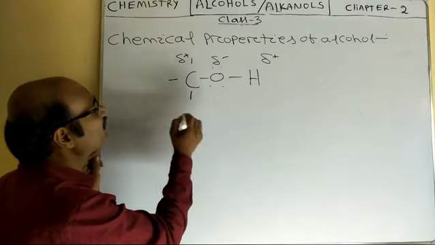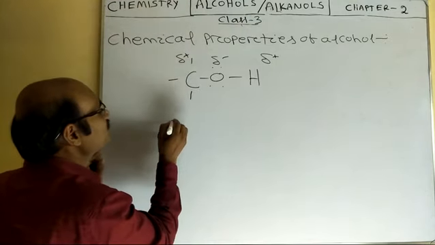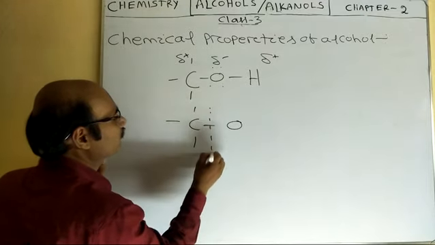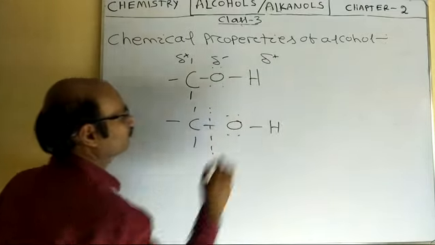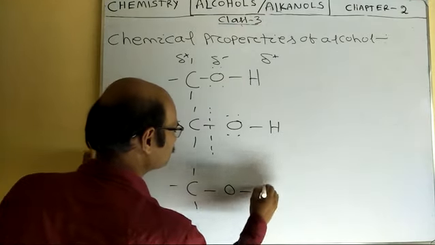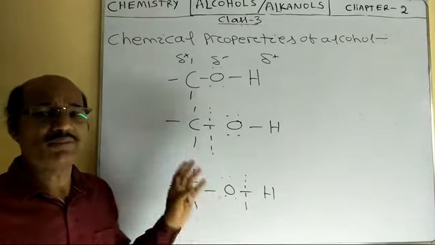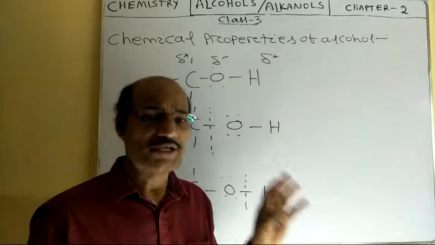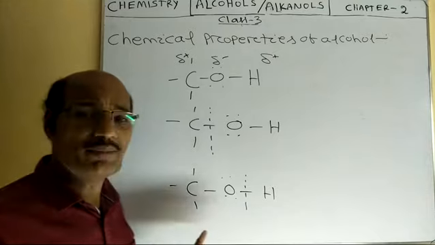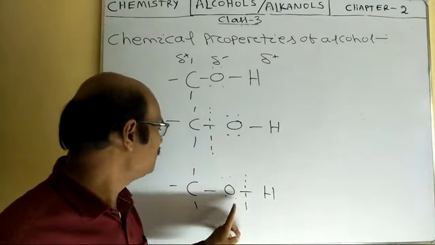So, the chemical reactions of alcohol are given by either the breaking of the C-O bond or the breaking of the O-H bond. Some chemical reactions are due to the breaking of the C-O bond, and some chemical reactions of alcohol are due to the breaking of the O-H bond.